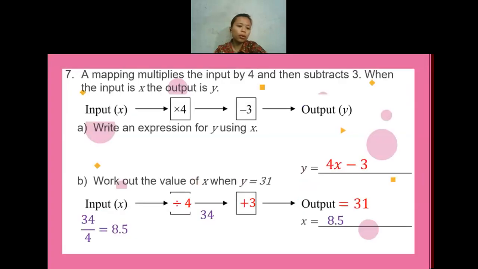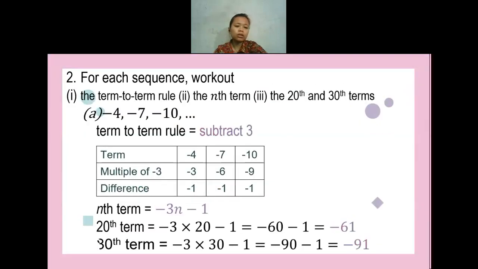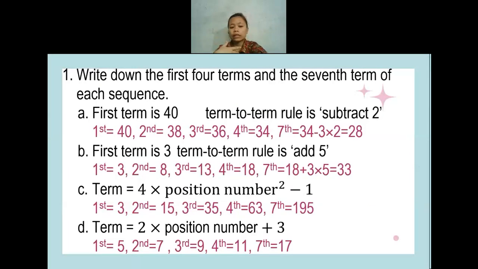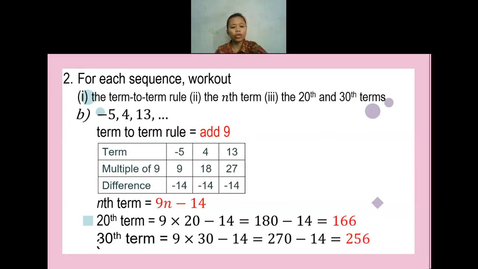Okay, let me go back to the first question. This is question 1. Question 1, we already discussed yesterday, that's why I did not discuss it today. But if you still have any difficulties regarding question 1, this is question 1, and this is question 2. There are two slides for question 2, slide A for question 2A and slide 2 for question 2B.